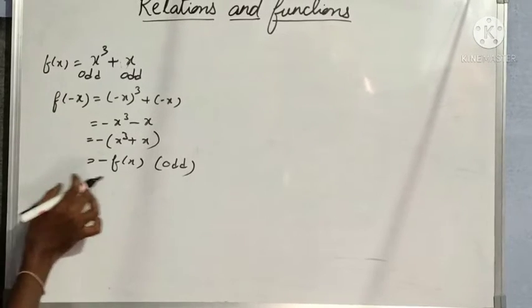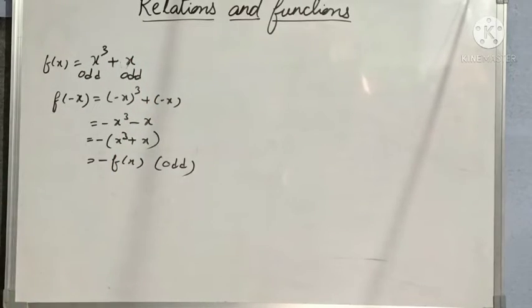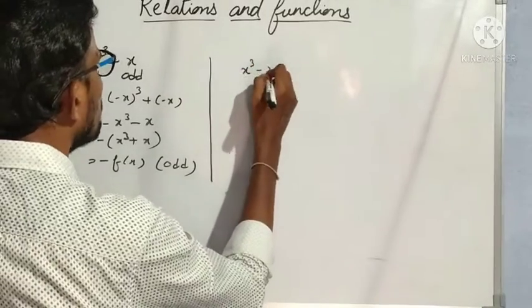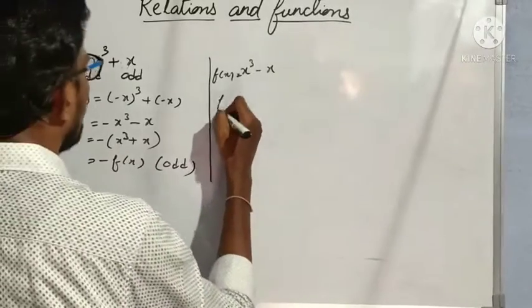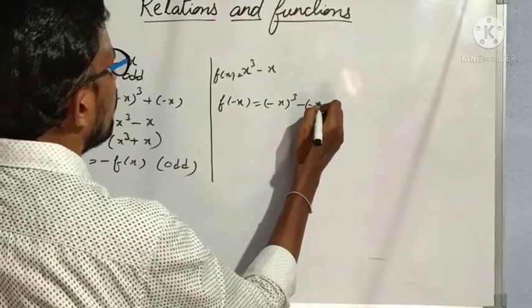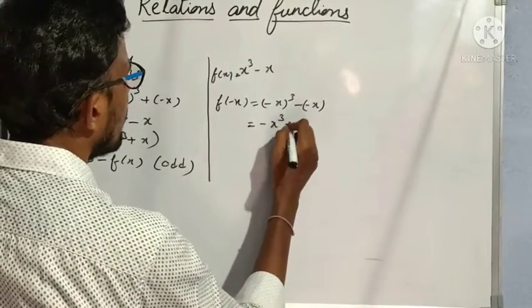So that is the example. If both functions are odd, then by adding both functions, what are we getting? Odd function. Okay. Subtraction. Even for subtraction, take x cube minus x. Let us see that also. So f of minus x is equal to minus x whole cube minus minus x. That is equal to minus x cube, minus of minus is plus x.